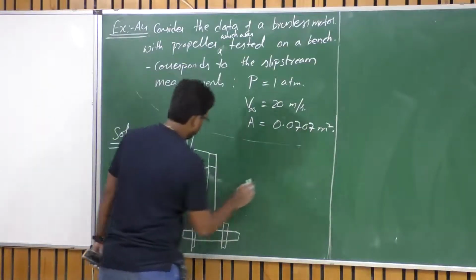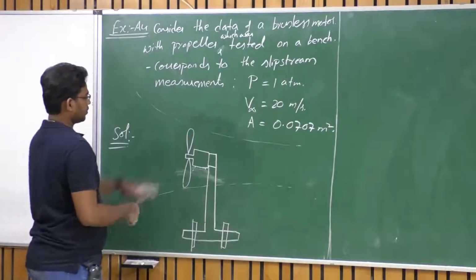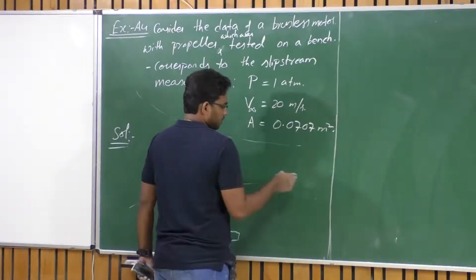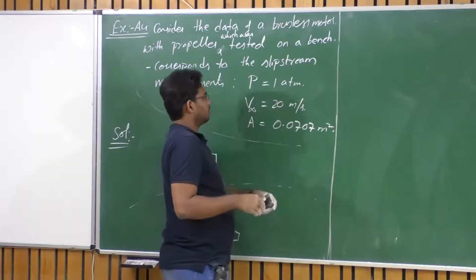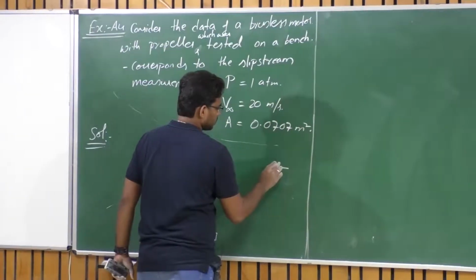When the BLDC motor is operated, the propeller rotates, due to which there is a change in downstream conditions here, right? And it is identified at a far downstream.